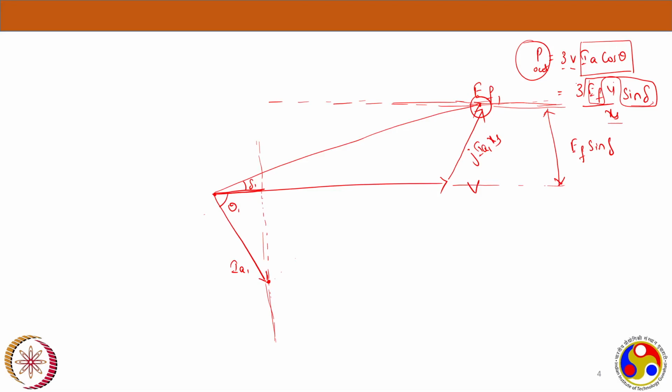Now we increase the field current. Let's see what happens. Before that, what are the previous operating points? Case 1: I have a certain excitation. I have IA1, theta 1, delta 1, EF1, and V. V anyhow is constant, the bus voltage.